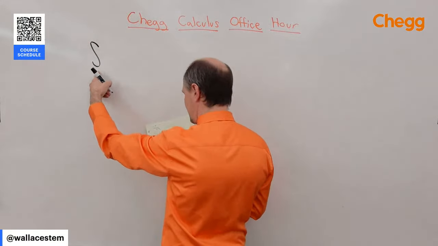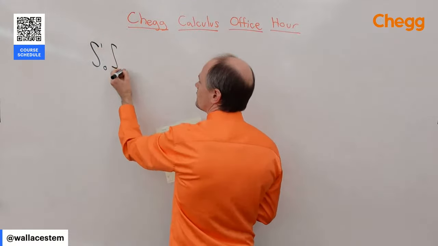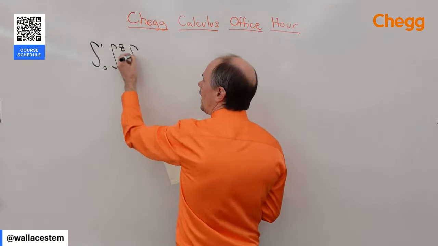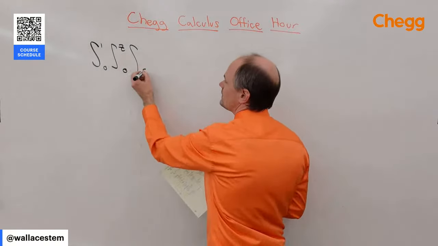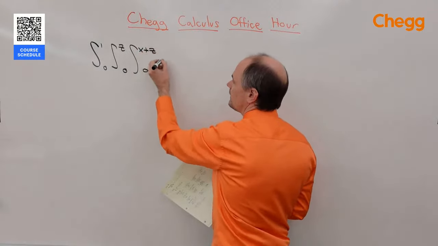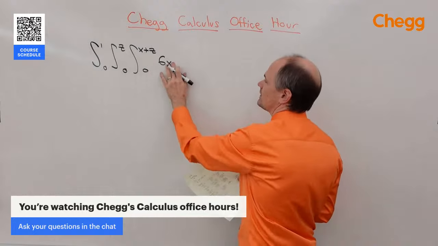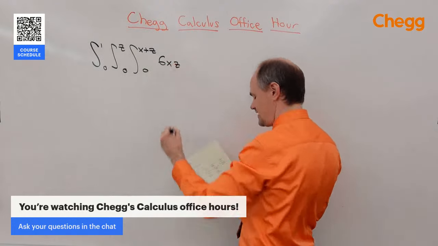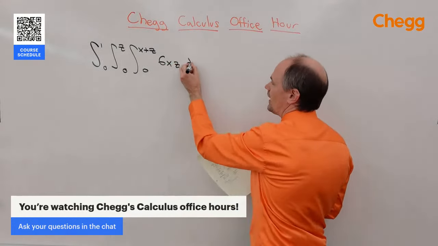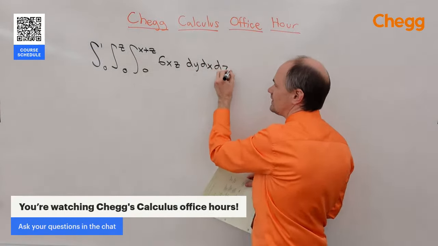We're going to integrate from 0 to 1, of the integral from 0 to z, of the integral from 0 to x plus z, of 6xy. Nope, we're going to do 6xz, sorry. 6xz, dy dx dz.